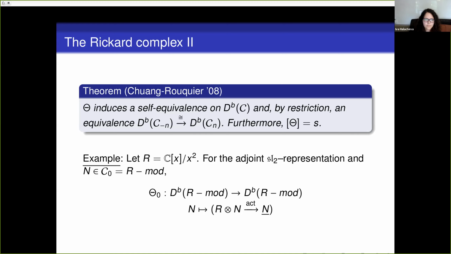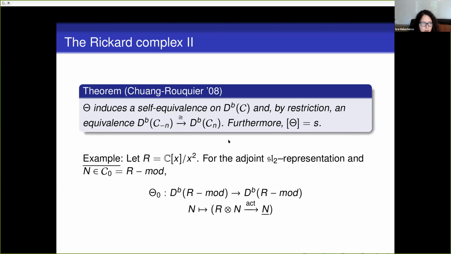Okay, so then an example, again, in the SL2 case is still considering the adjoint representation. Let's just focus on the zero weight space.